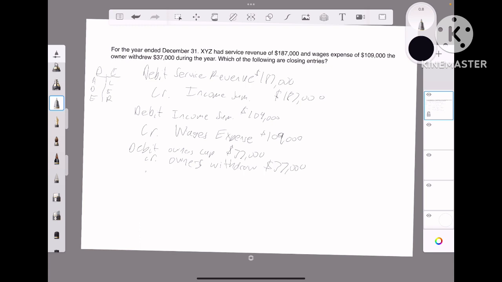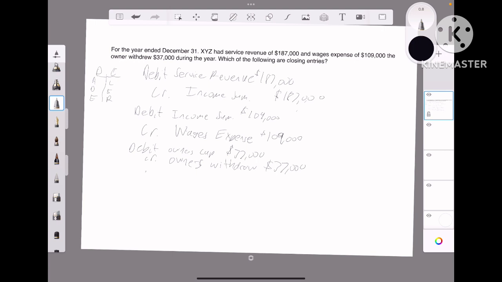And so then we'll have owner's capital. So those are the closing entries.